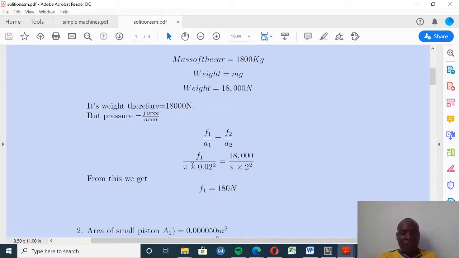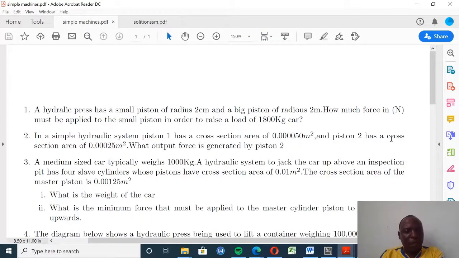If we rearrange and put in the values that have been given to us, we find that F1, the force at the smaller piston, is 180 newtons.